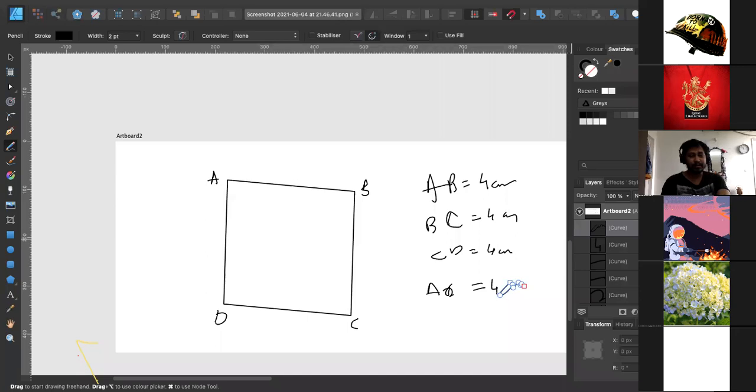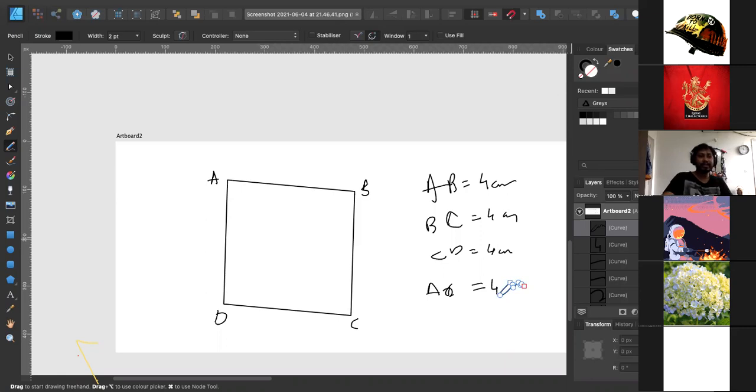Yes. All sides are equal. No, sir. All sides and angles are equal. Sir, in a rhombus, the sides are equal, but the line segments I don't think will be equal.